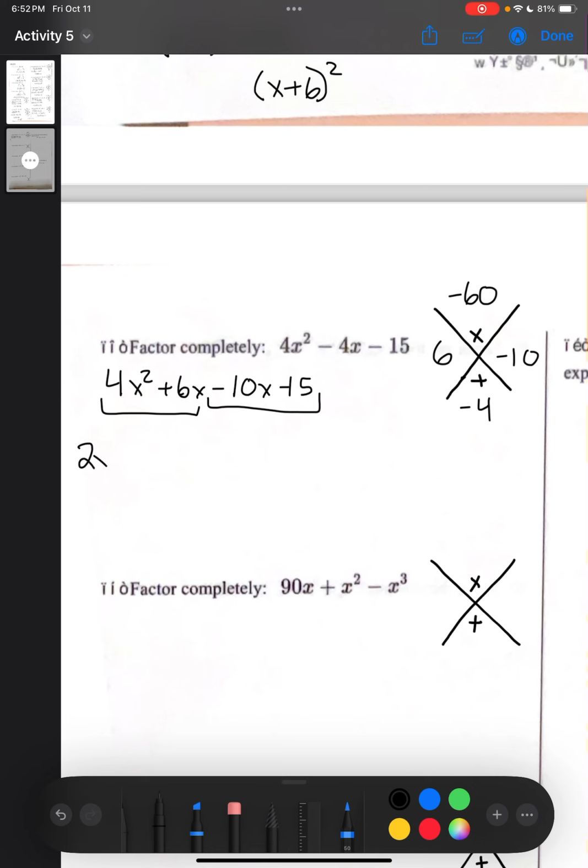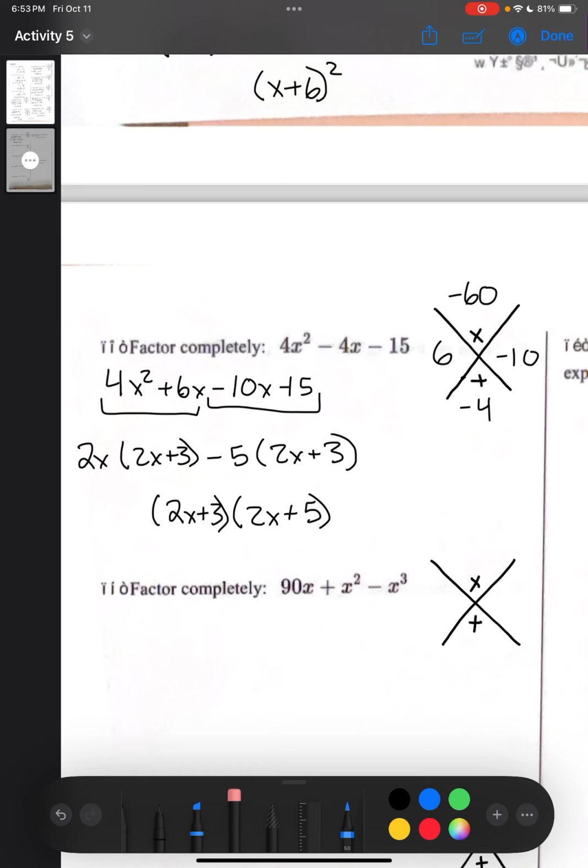So we take out 2x on this first one, leaving us 2x plus 3. Then we subtract. We're taking out a 5 from this side, or taking out a negative 5, I'm sorry. That leaves us with 2x plus 3 inside our parentheses, which leaves us 2x plus 3 times 2x plus 5. Oh, minus 5. Sorry about that. Make sure it's minus 5.